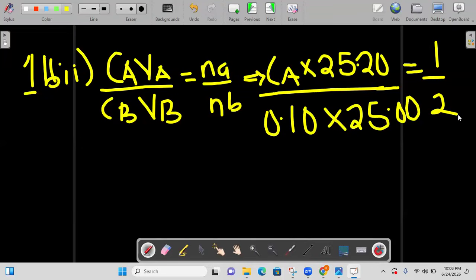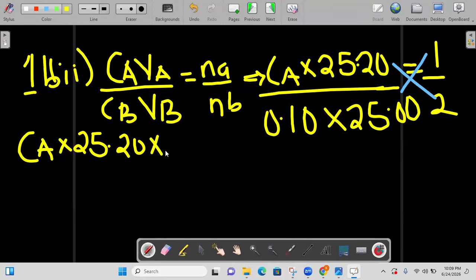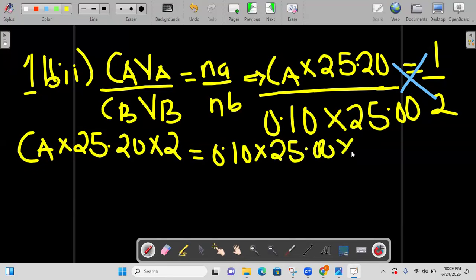You see that? Yes, sir. When you are solving, don't put the cross multiplying sign. It's not allowed in chemistry. Although we know we are cross multiplying, don't put that sign there. Is that clear? So I'm going to have CA times 25.20 times 2 equals 0.10 times 25.00 times 1.